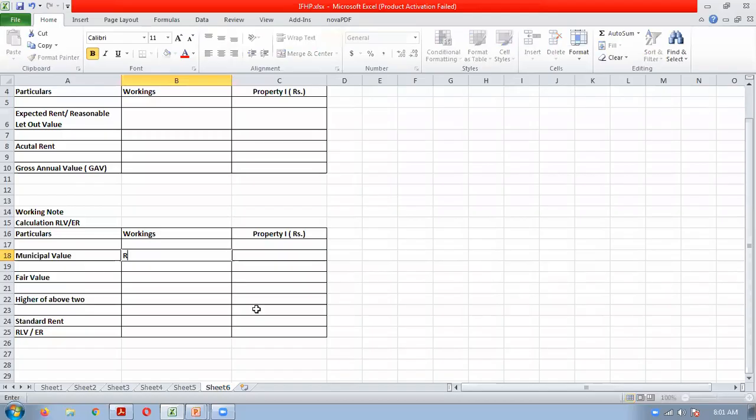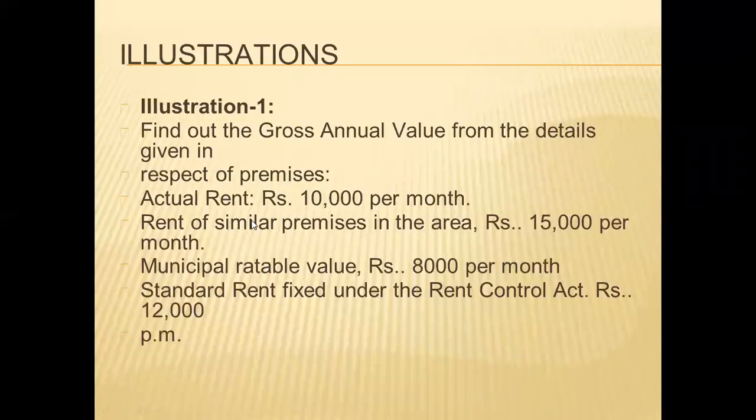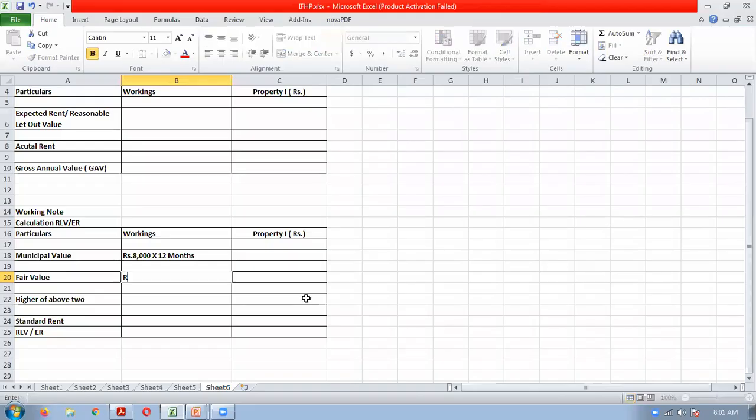So it will be rupees 8,000 into 12 months. Fair value, 15,000 per month.